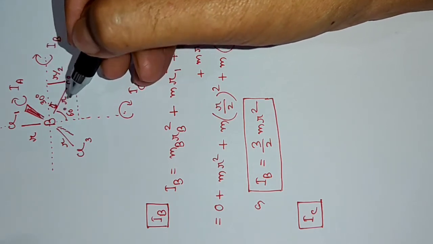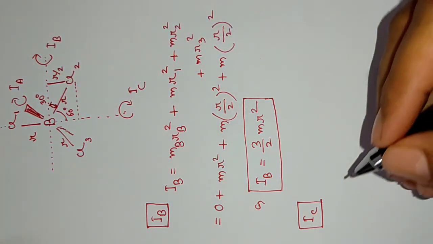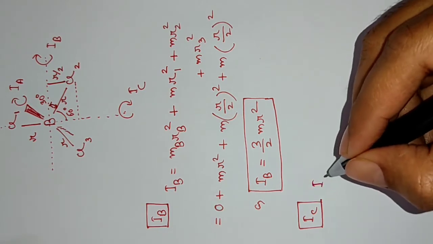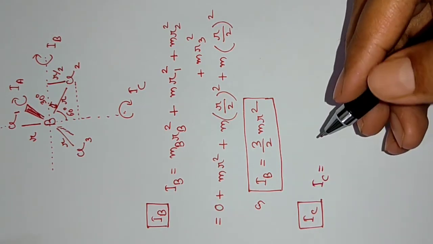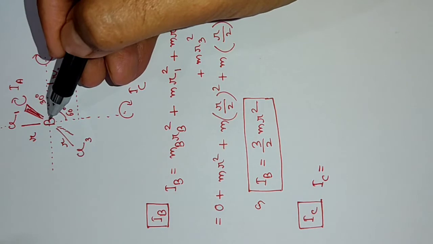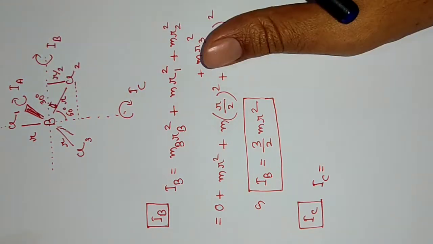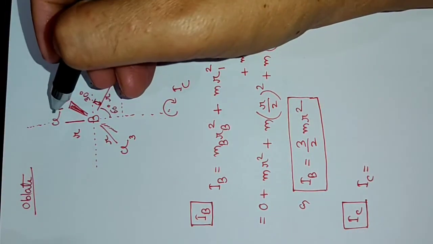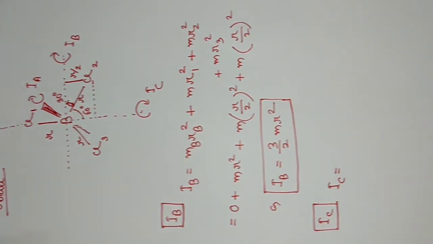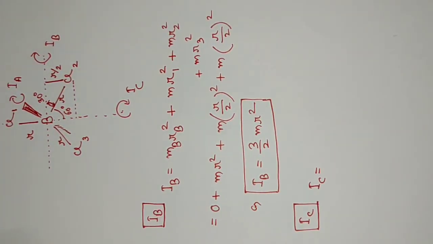Now sine 60 is root 3 by 2, so here it will be IC equals to, again it is passing through this boron atom, and also in this case it is passing through this chlorine atom. So the first two cases will be 0 for the first chlorine atom and boron.